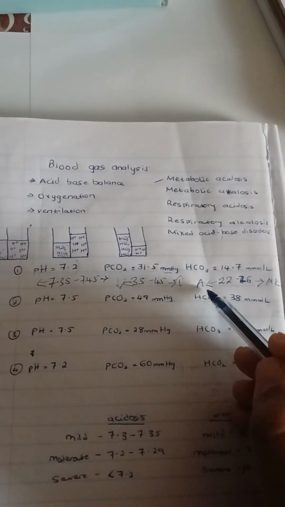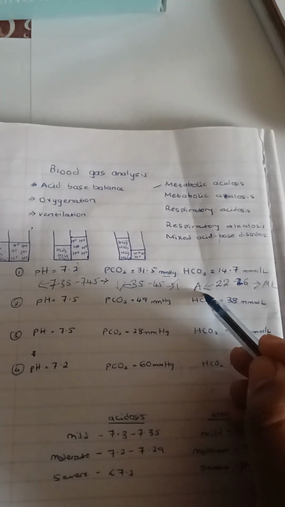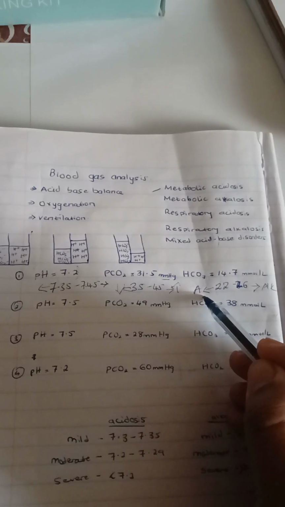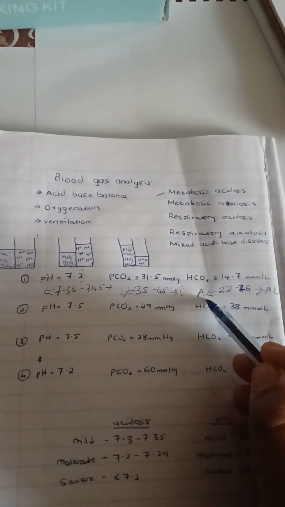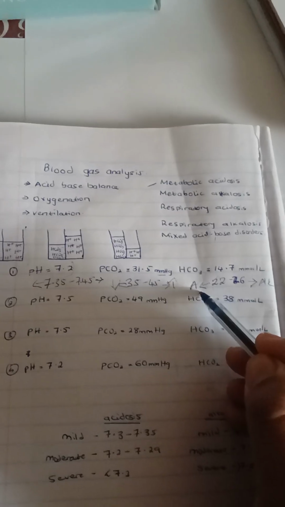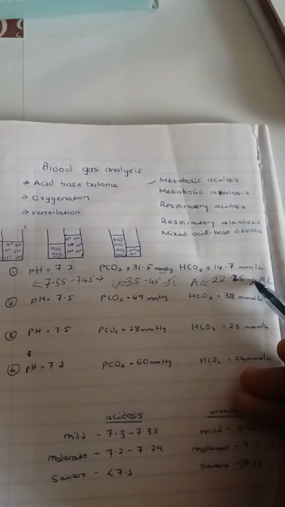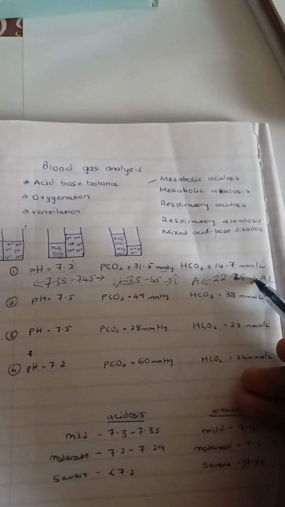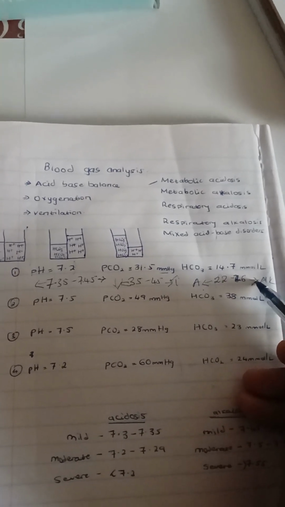So if your bicarb is less than 22, it's causing acidosis. It's either the primary problem or it's a compensation for an alkalosis. And if it's going higher than 26, it's either causing a primary alkalosis or it's a compensation for an acidosis.